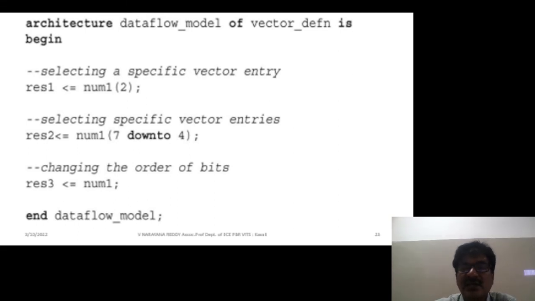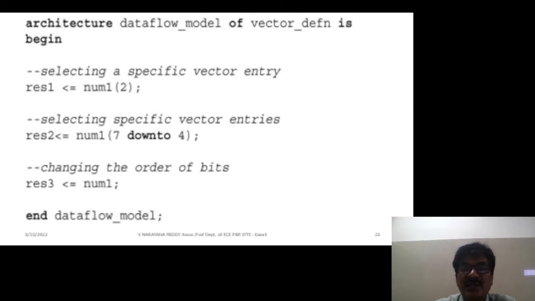Here the data objects register 1, register 2 and register 3 are called signals. Why? Because they were declared in the entity itself. Whatever objects are declared in the entity are by default considered signals.